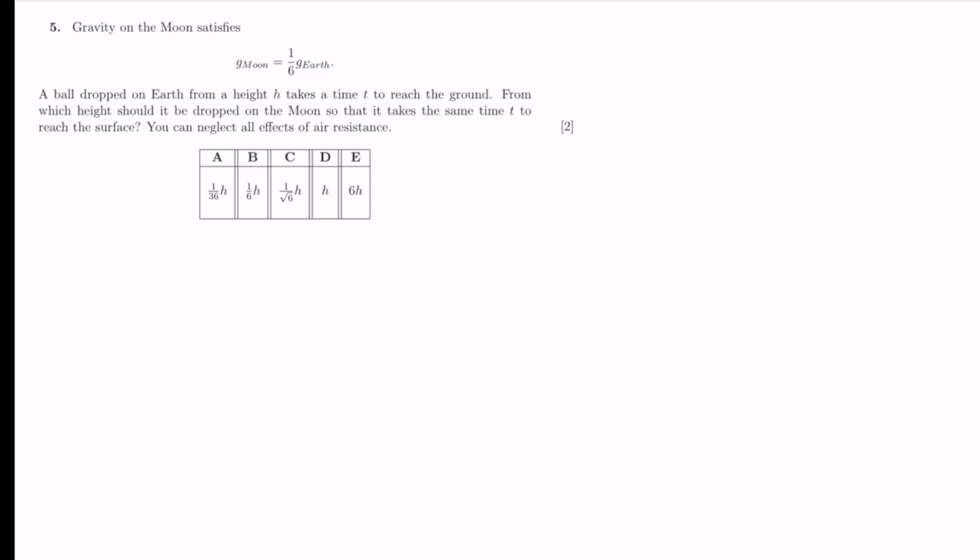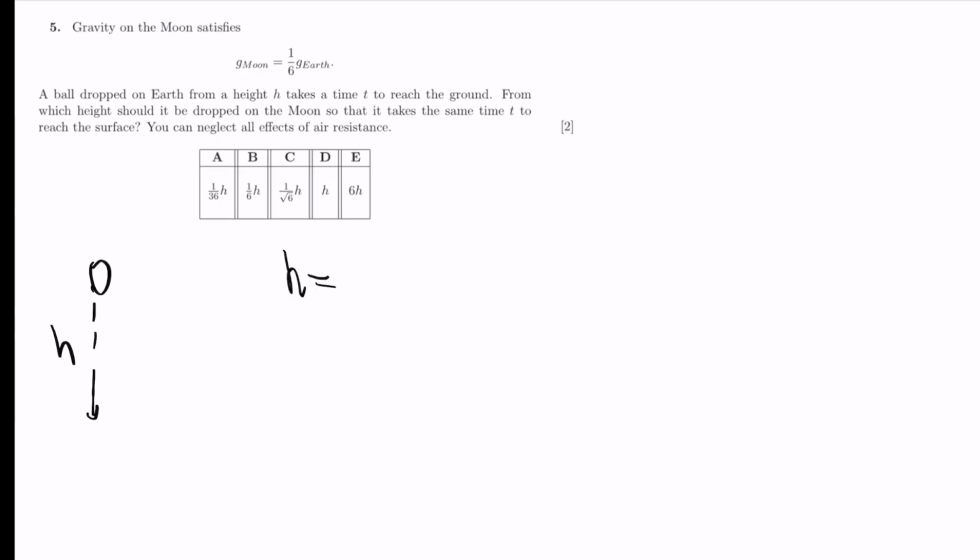So let's just do a little drawing. We've got a ball. We drop it from a height h. From what height should it be dropped on the moon so that it takes the same time to reach the surface?